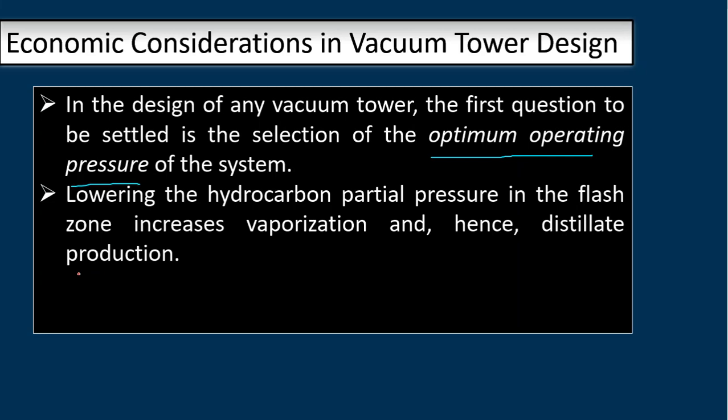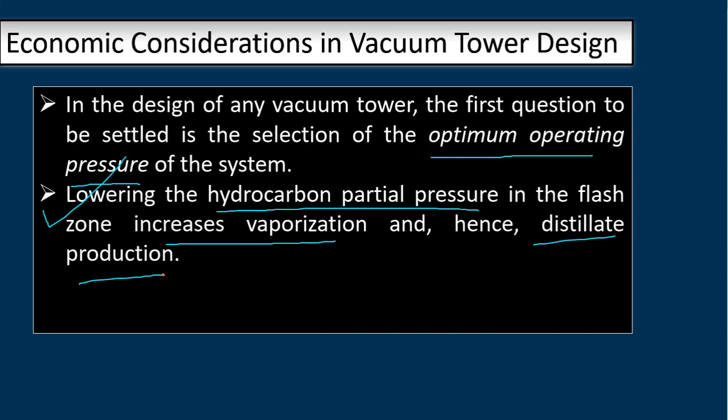Before going to that, there is a very common thing. We all know that if we are going to lower the hydrocarbon partial pressure in the vacuum tower, in the flash zone, what happens if you lower the pressure of any system? Obviously more vapor will be formed, so the vapor will increase. If you lower the pressure in the flash zone, vaporization will increase, and hence distillate production is more.